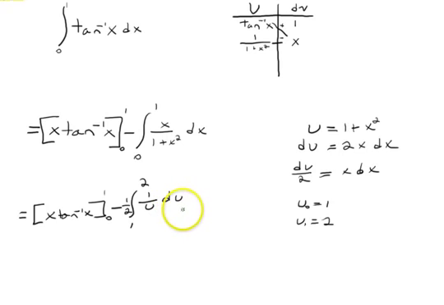Can go ahead and evaluate that integral, and we'll get the answer for the first term, pi over 4, and for the second term, we're going to get natural log of 2 over 2. Remembering that the integral of 1 over u is the natural log.